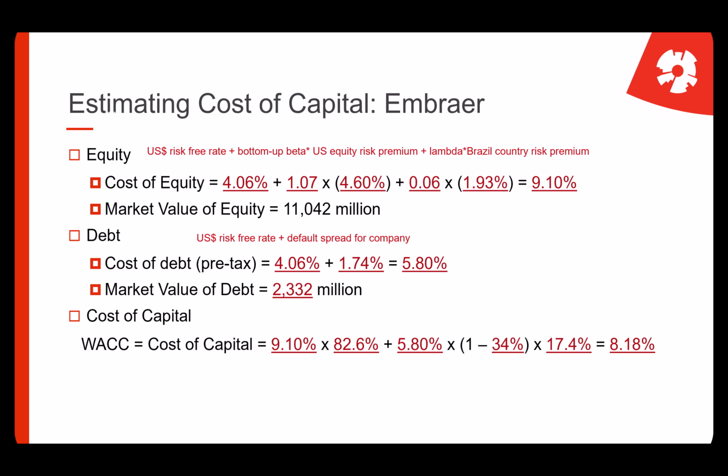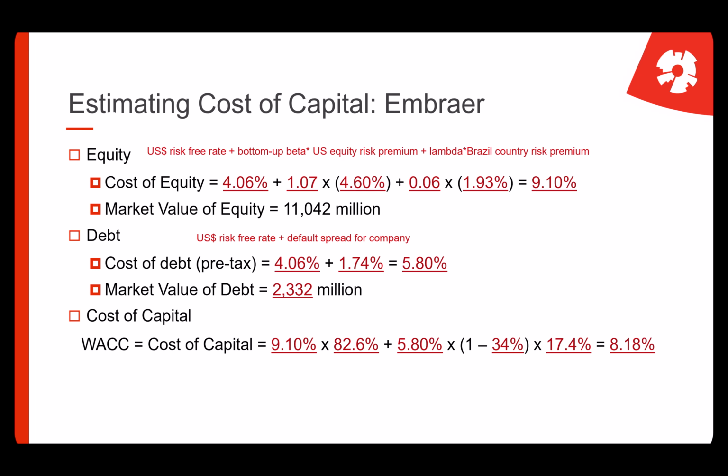We now combine the cost of equity and the after-tax cost of debt by weighing their market value proportions to compute Embraer's weighted average cost of capital. Now, the cost of equity is 9.1%, the cost of debt is 5.8%, and the after-tax cost is 3.83%.